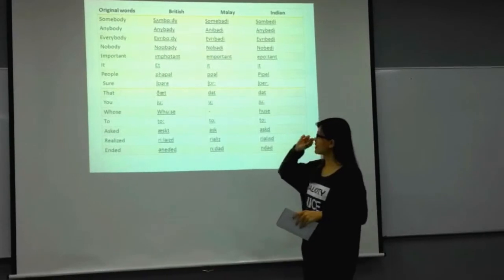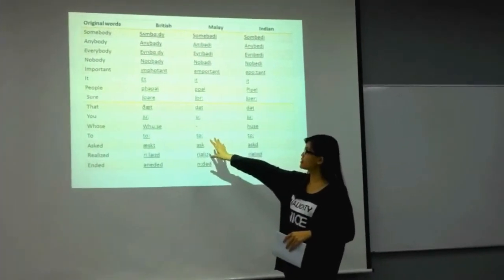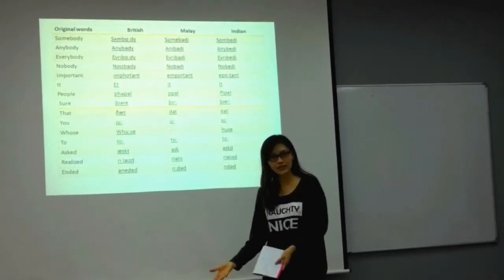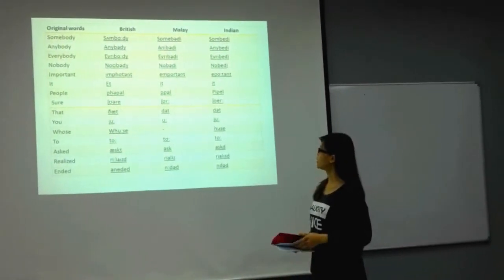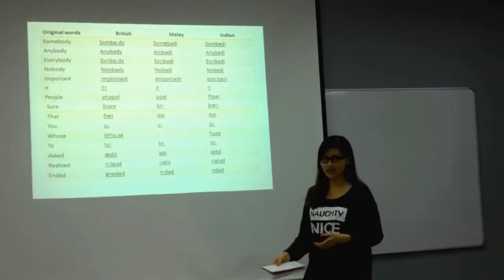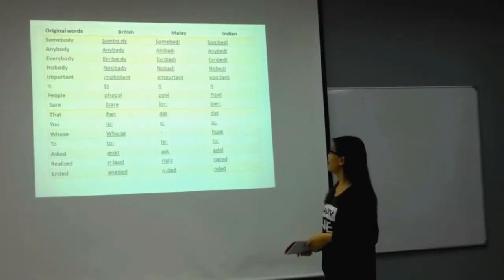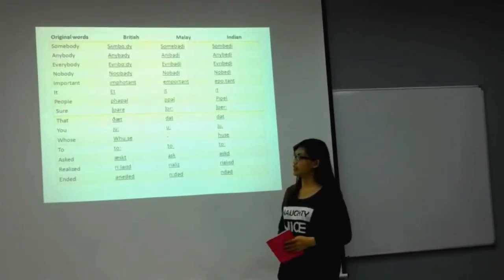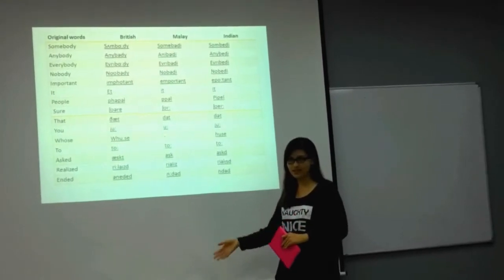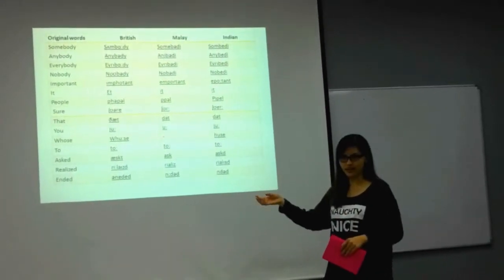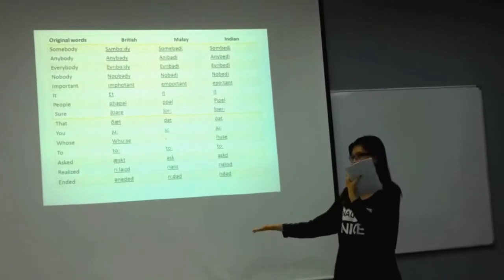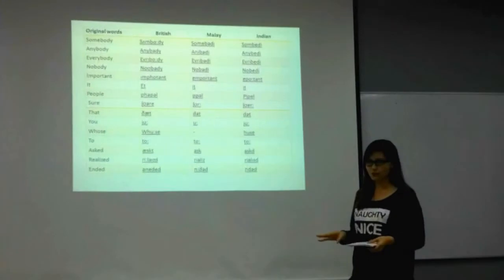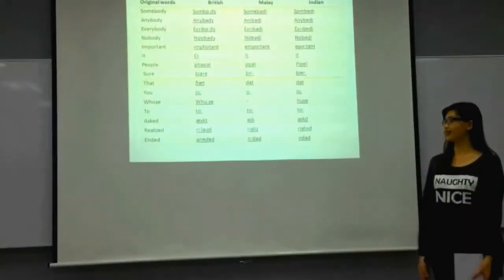And then the second is anybody. For British, he said anybody, stressing the word any. And for the Malay girl, she pronounced it as anybody. She doesn't stress on the Y. She stresses on the I itself, and she pronounced it flat.